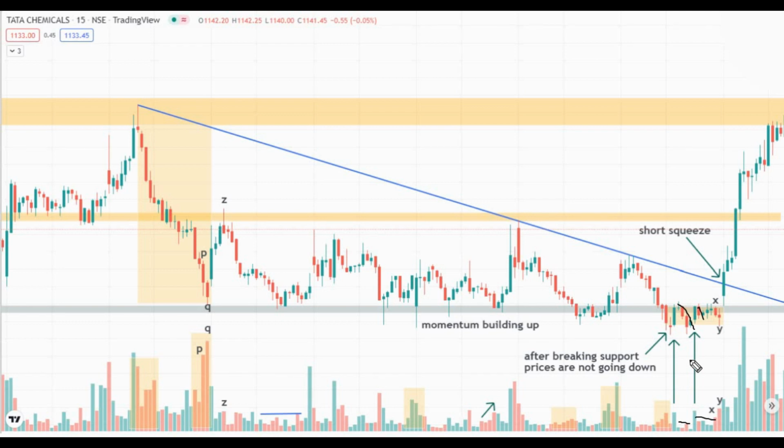This is indicating that sellers are not that interested to sell at these price levels, or inversely the buyers are very much interested to buy at these price areas. That's why demand is stronger than supply, and buyers are holding this level aggressively with this volume. That's why prices are not selling off towards the downside.